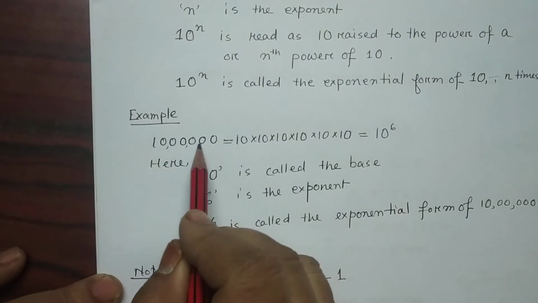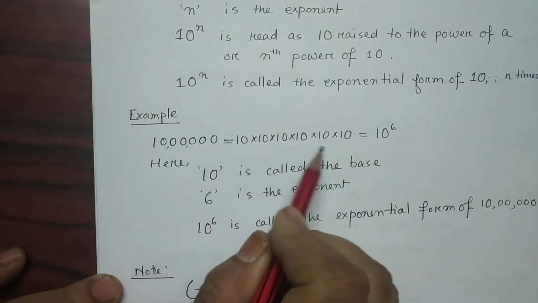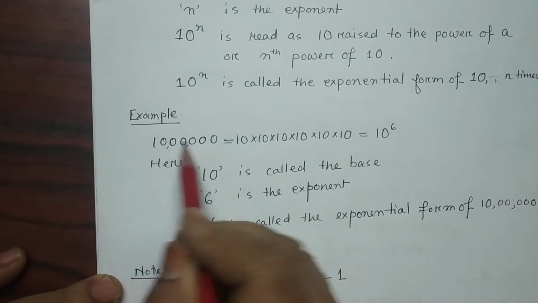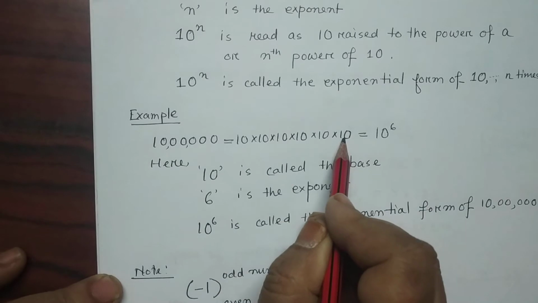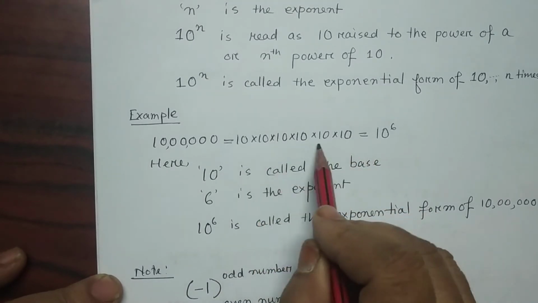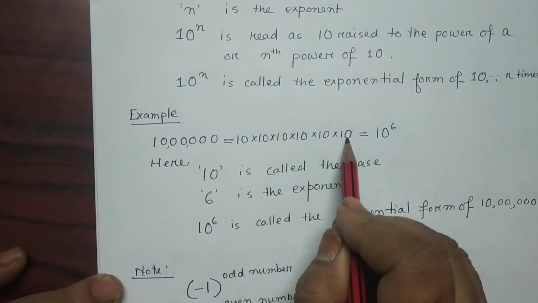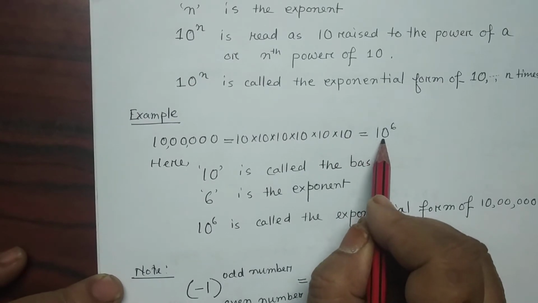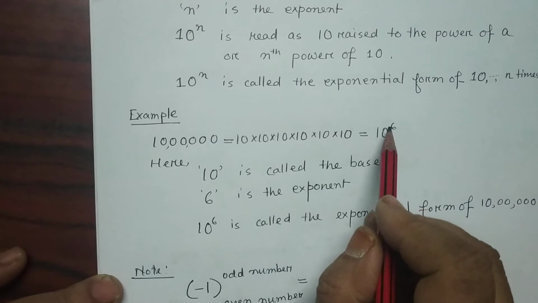Now, with the help of an example, suppose this 10 lakh. Here we have to multiply 10 how many times? 1, 2, 3, 4, 5, 6 zeros. That's why 6 tens we have to multiply. If we multiply 6 times 10, then in exponential notation we have to write 10 to the power 6.